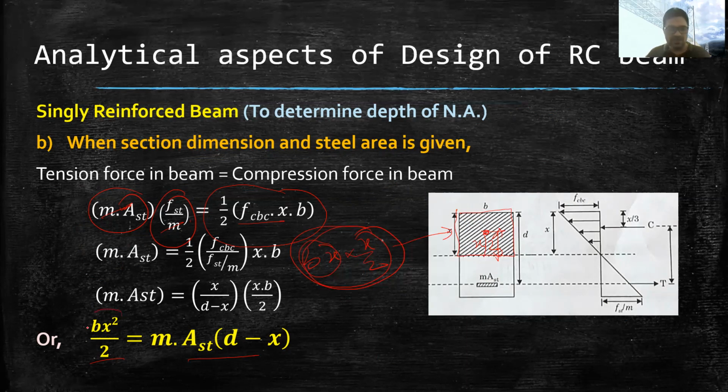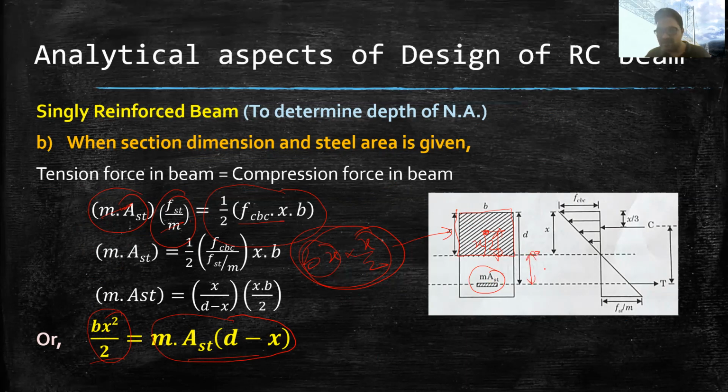So this becomes the area moment bx square by 2, and similarly this becomes the area moment of the tension side. Now you can see this is the area, and the moment of this area about this axis, this will be the distance.